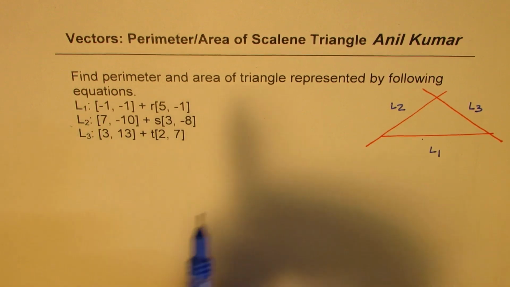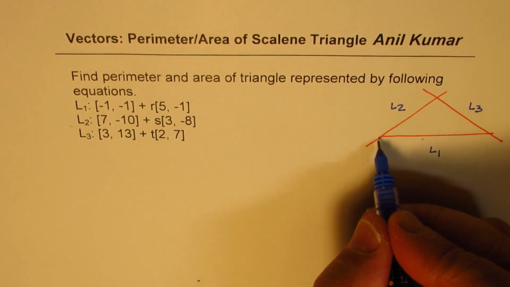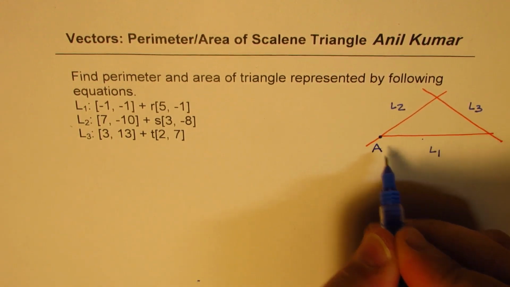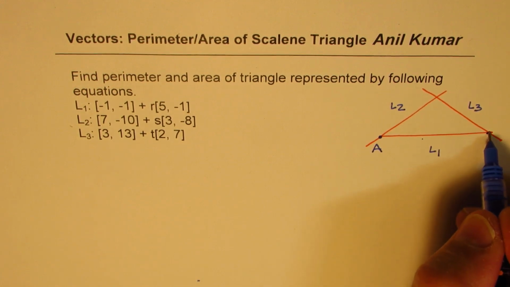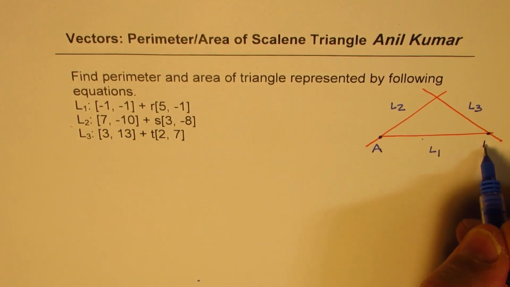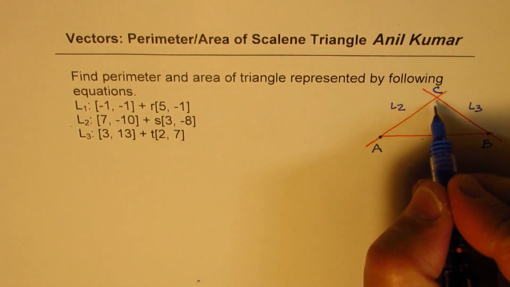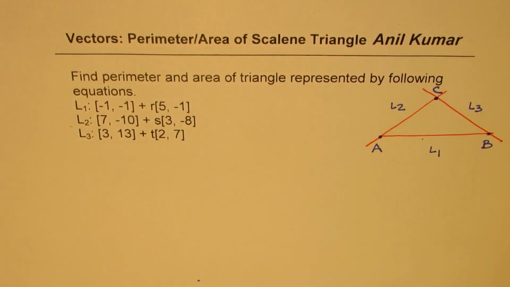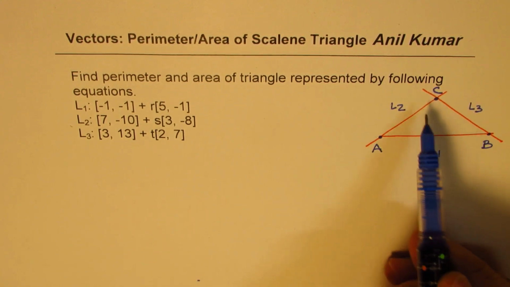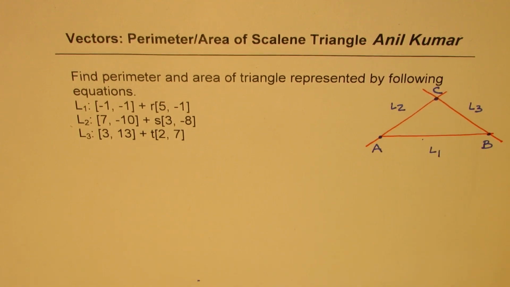Let the point of intersection between L1 and L2 be A, between L1 and L3 be B, and C be the point of intersection between L3 and L2. So the first part of this question will find these points of intersection.